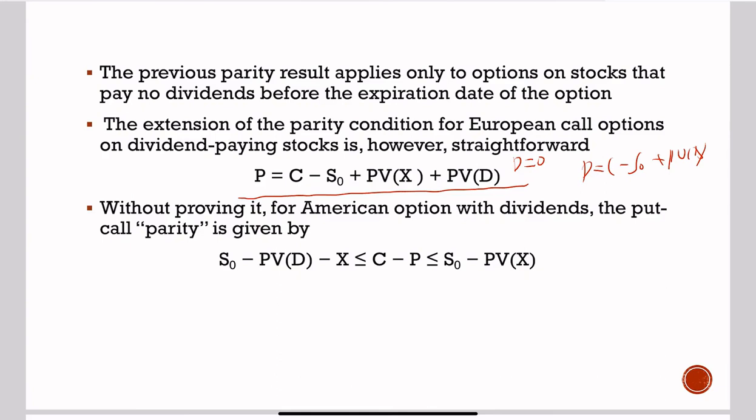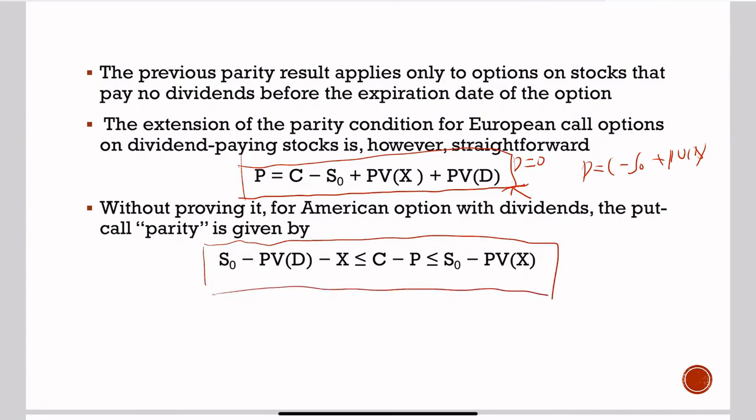Okay, another comment is this formula, this put call parity, is only applied to European options. For American options, the put call parity is given by this. In this class, you're not required to know the put call parity on American options. You're only required to understand the put call parity on European options.